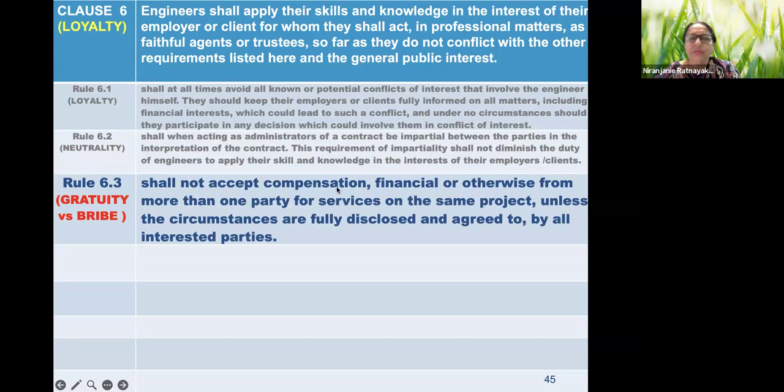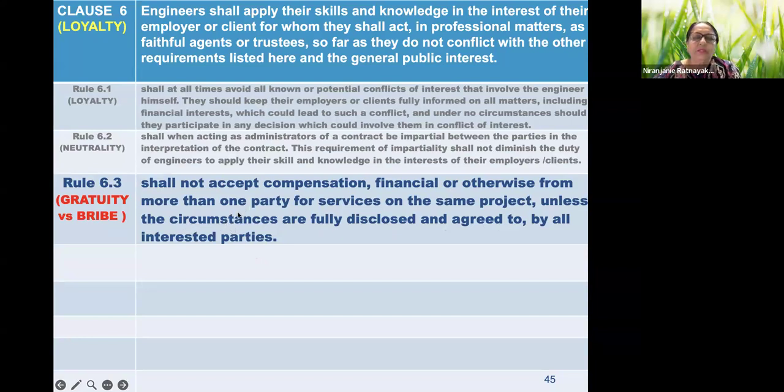Shall not accept compensation, financial or otherwise, from more than one party for services on the same project, unless the circumstances are fully disclosed and agreed to by all interested parties.